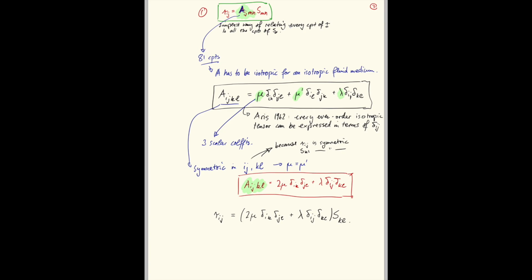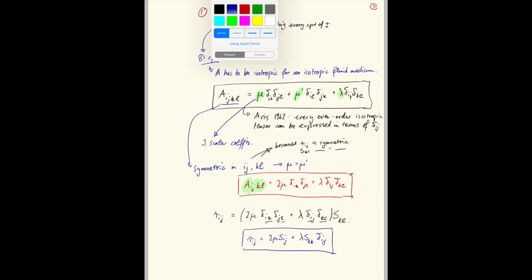We can do the contractions between the Kronecker deltas, like delta ik here, and the strain rate tensor, skl. And we can do that for both terms. So then I'm just left with tau ij is 2 mu sij plus lambda skk delta ij.